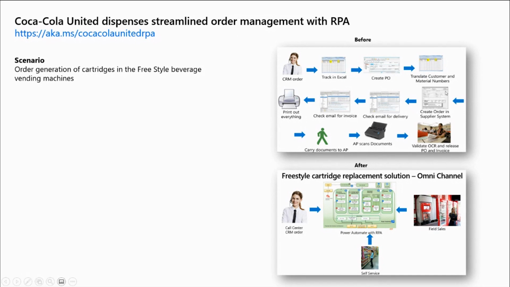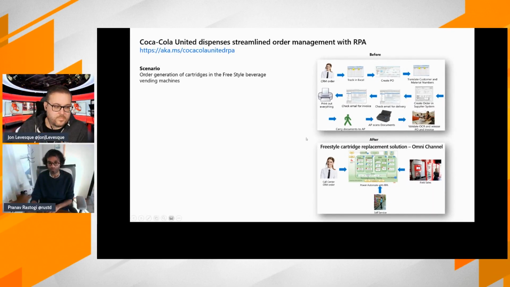Then they built another cloud and desktop flow which automates web applications. They used AI Builder for forms processing. They used our Outlook connector to make this a trigger based flow. And they didn't have to print out anything because everything was electronic. They were able to release the payment to their vendors pretty quickly.